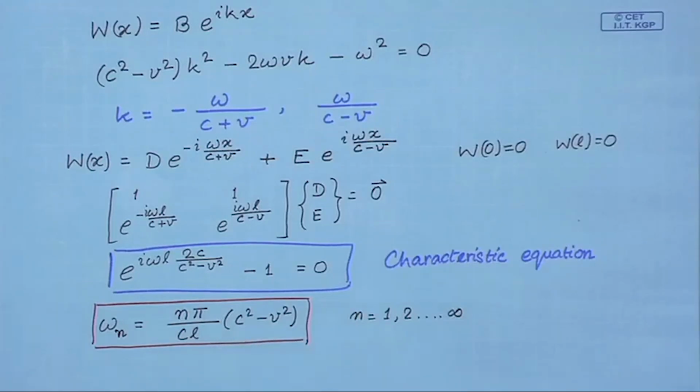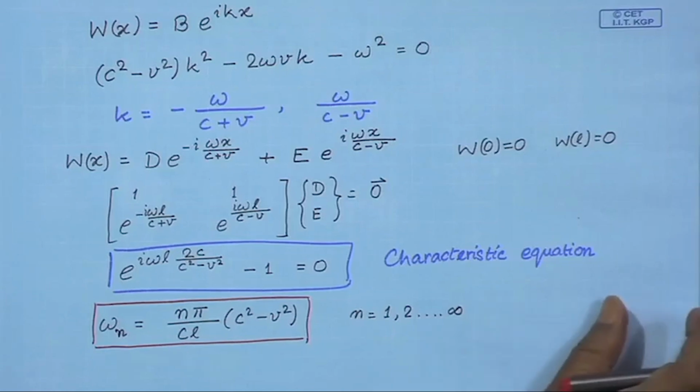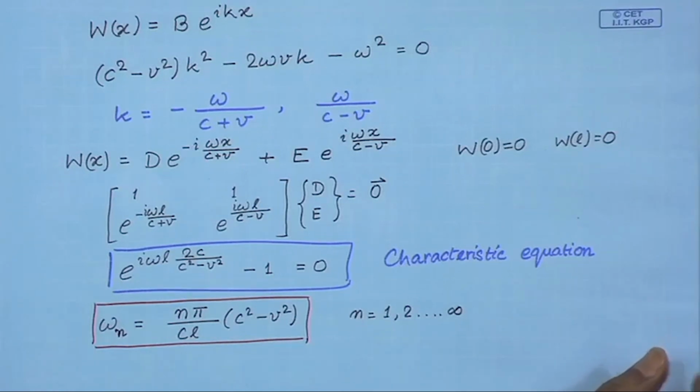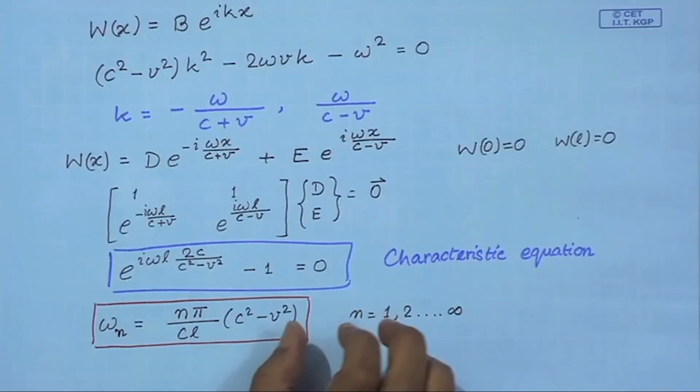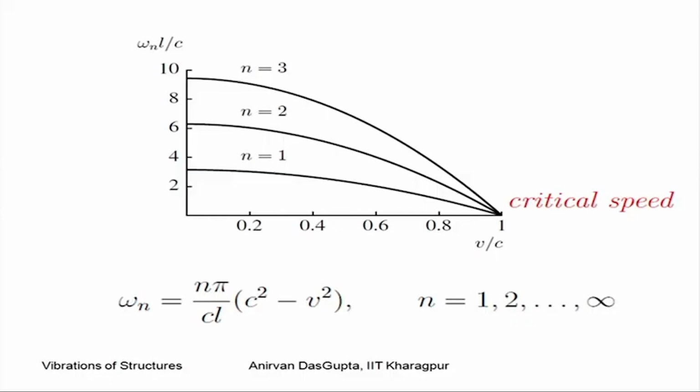So, in this figure I have plotted the circular natural frequencies with v over c. So, these are all non dimensionalized.